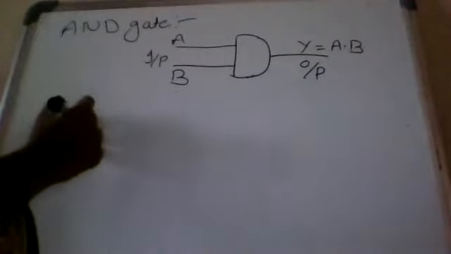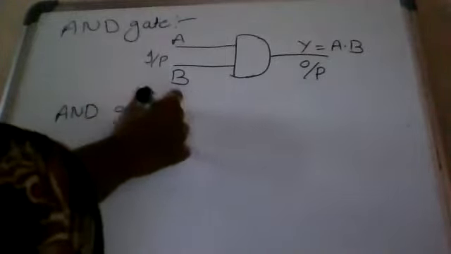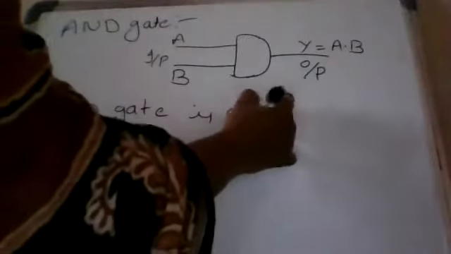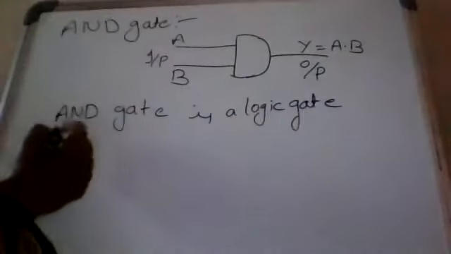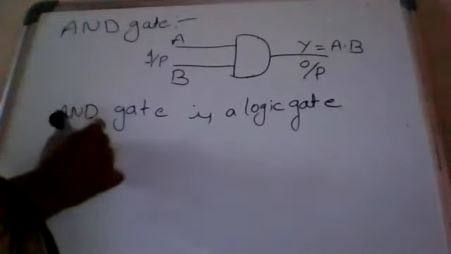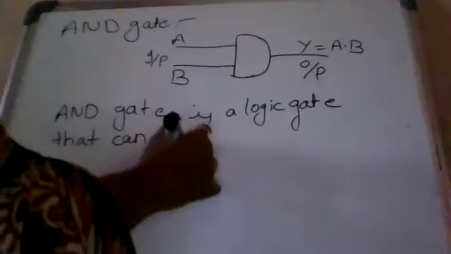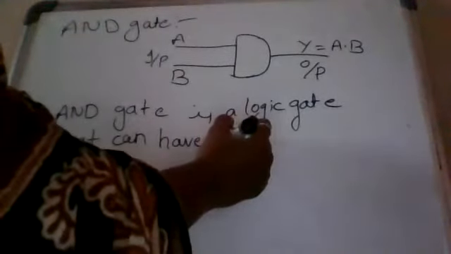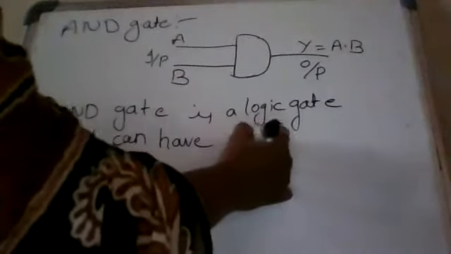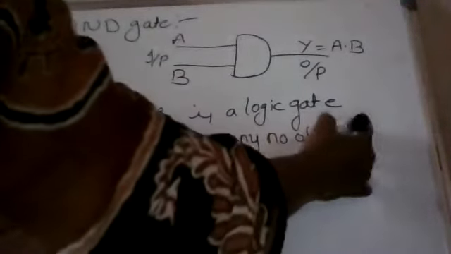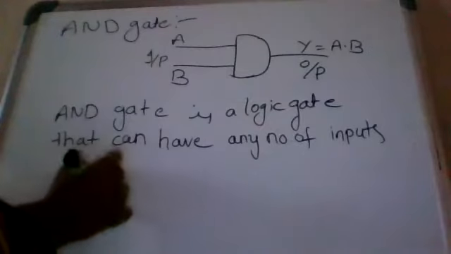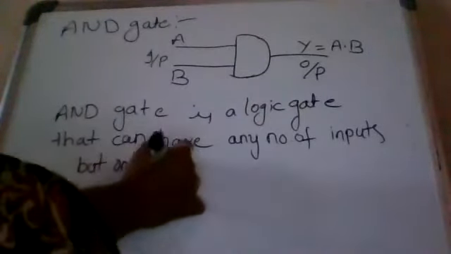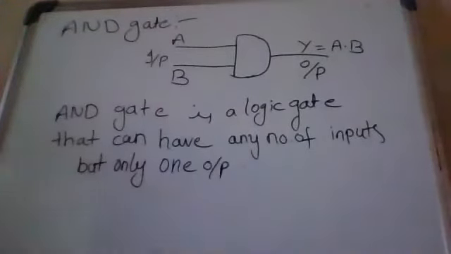So, AND gate is a logic gate that can have any number of inputs, but only one output. This is output.